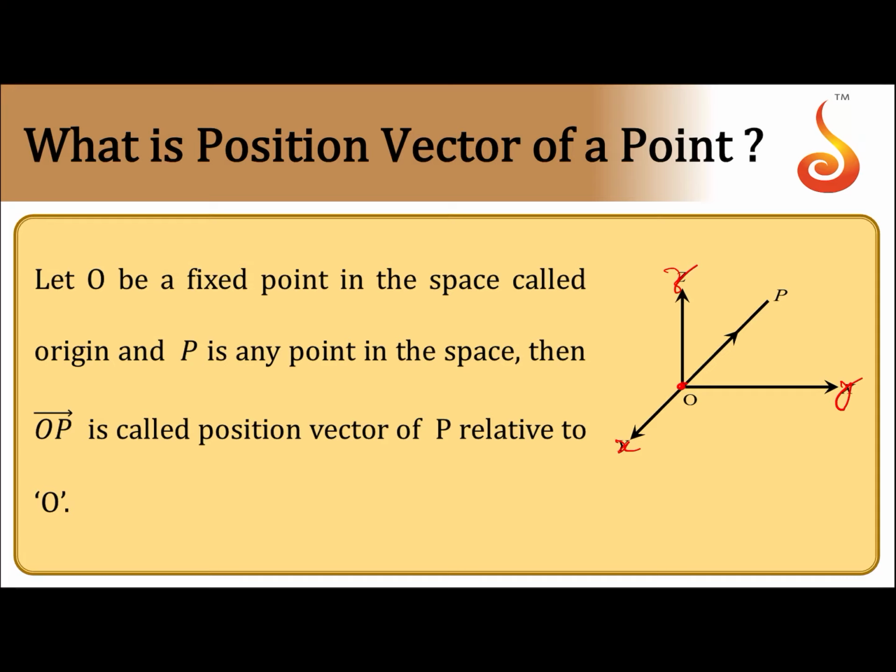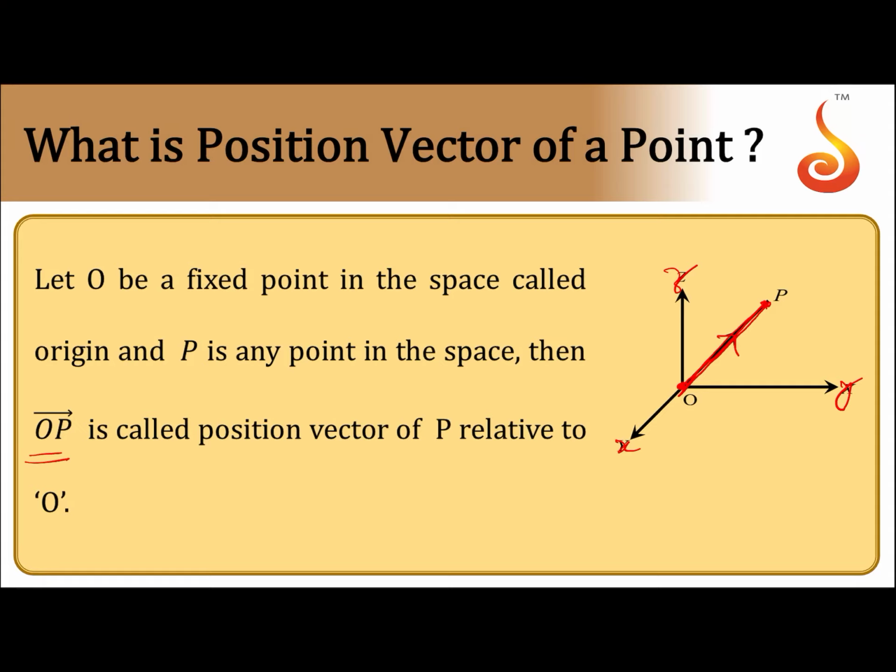O is the fixed point in space and P is any point in space. Then the position vector is the vector joining the point P with the origin. That is, OP bar is called the position vector of the point P relative to O, with reference to the origin we take up. So that is a position vector.